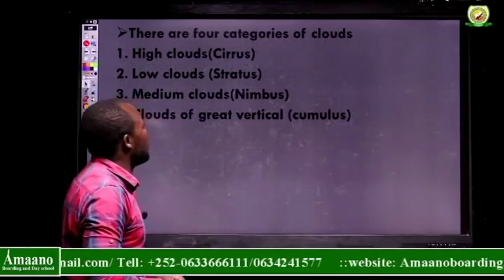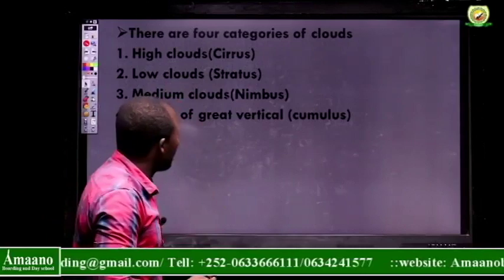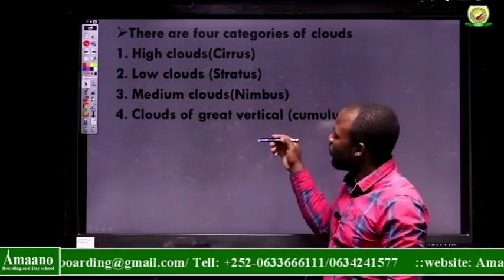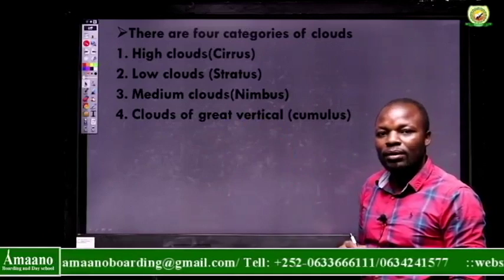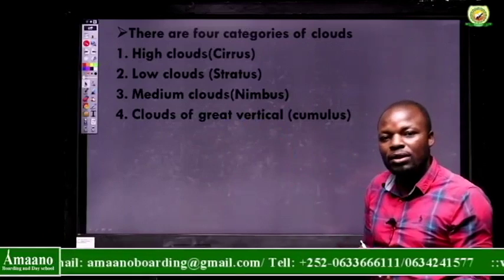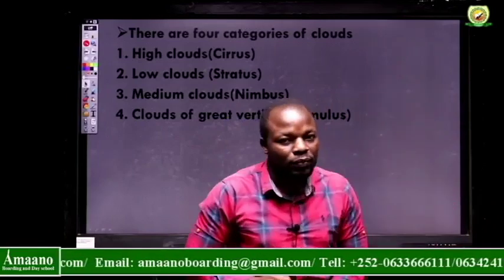Here, the first one is the high clouds. Then the low clouds. We have medium clouds and clouds of great height. And what does it mean?